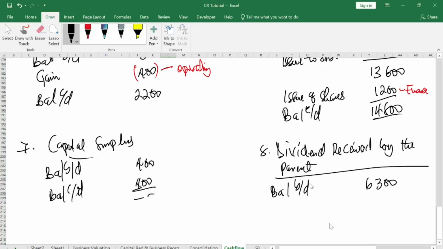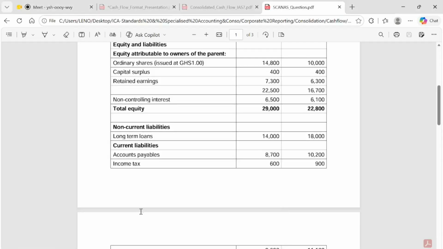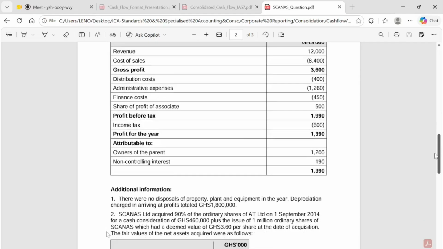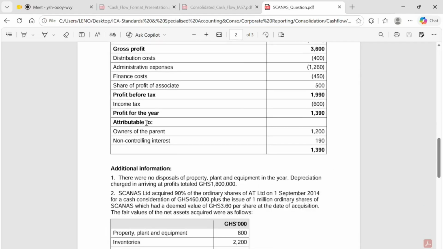6,300. Did the parent receive any reward at the end of the accounting year? So this is for the parents. Here, go to P&L. You see the profit that they shared. How much did the parents receive? 1,200. Have you seen it?